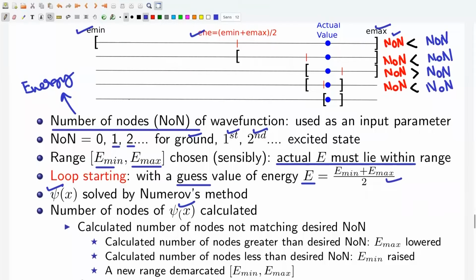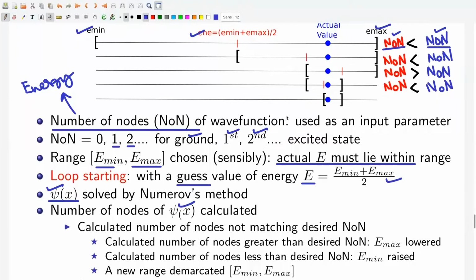We have already set the number of nodes that we want in the actual wave function, shown by this blue color. So the number of nodes in red is what I get from my guess solution, and the number in blue is the actual number of nodes that I am looking to find.